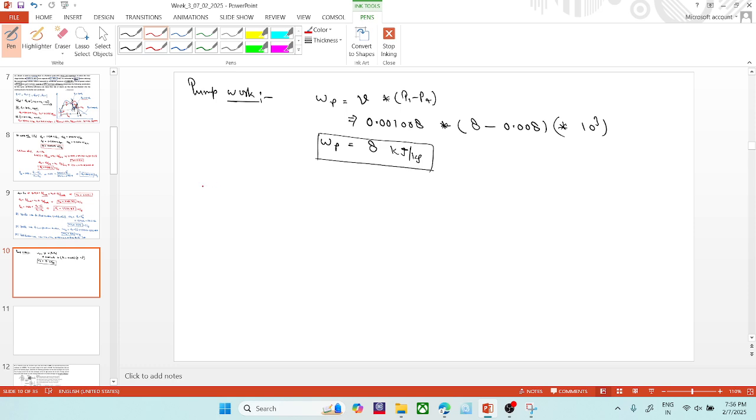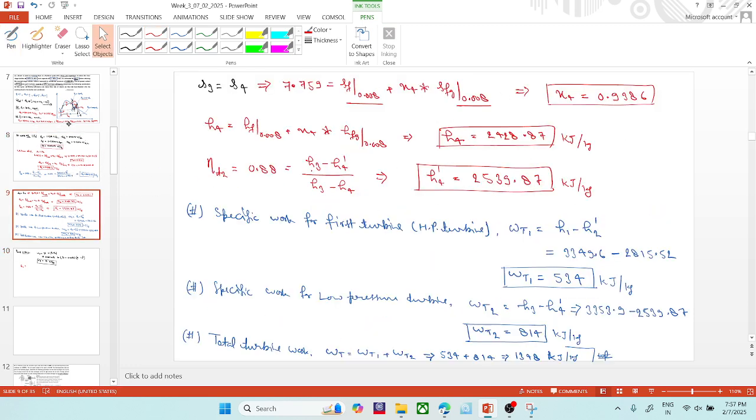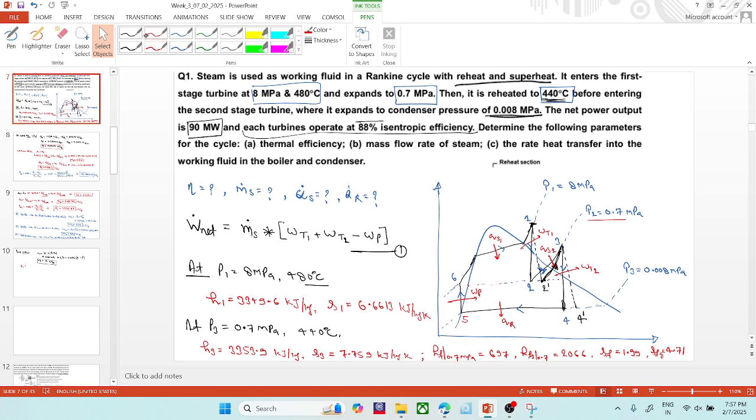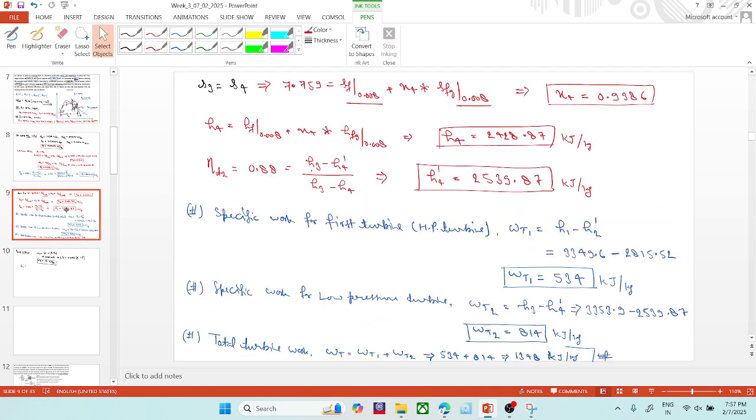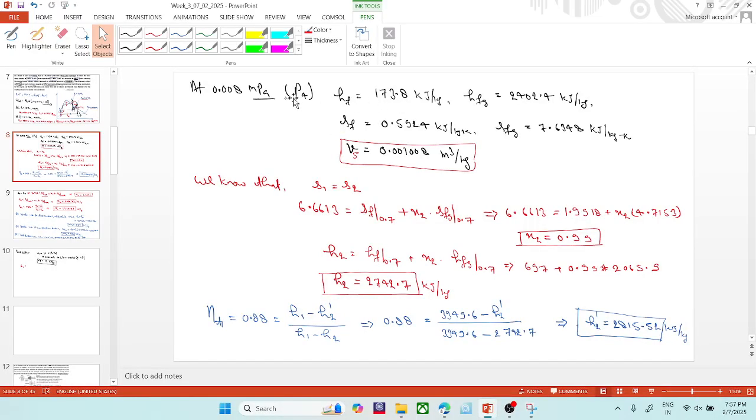And the enthalpy at point 5, we already have the H5 value. Enthalpy at point 5 is the enthalpy of saturated liquid at 0.008 megapascal pressure, and this value we have written here as H5.